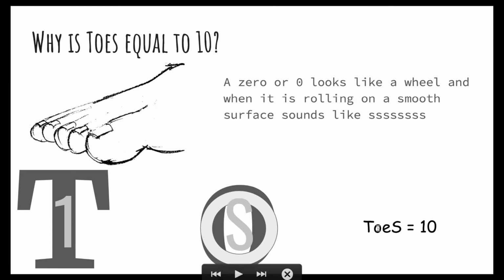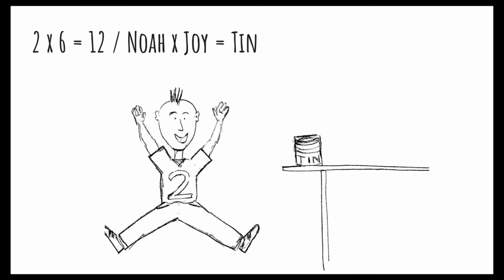And I add a couple of vowels in there to make T and S into the word toes. Thus, 10 equals toes.